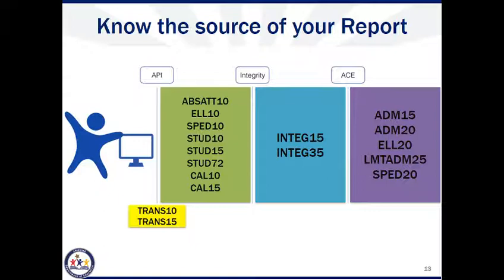As it runs through the API from your SIS, a Trans 10 or Trans 15 report is generated. The Trans 15 report is a detailed report that is only available within a 3-day window because those reports can get very, very large. Each element of data creates what's called a GUID or a resource ID, and these are 20 or 30 digit alphanumeric strings that are created.